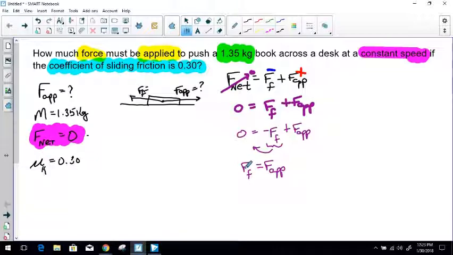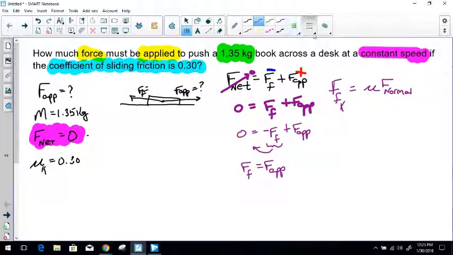So I'm looking for the force applied. So what I really need to do then is find the force of friction. Well, from last week, or when we were talking about Newton's second law, the force of friction kinetic equals mu times the normal force. The normal force, remember, is the force that's holding the book on the surface.